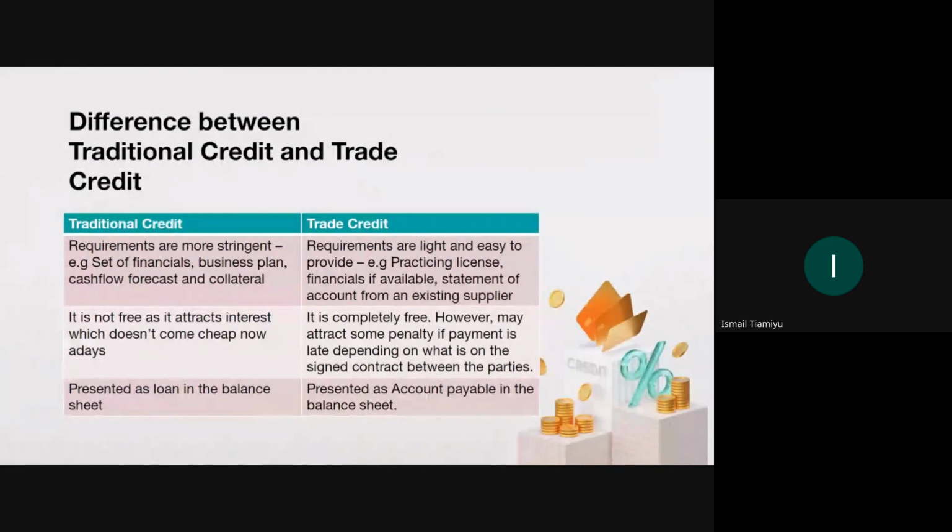That one you show under long-term liability, or a short-term loan, for example, a loan that you collect for 3 months, or a bank overdraft that the bank might want you to always turn to credit every 60 or 90 days. That is shown as current liability. For trade credit, it is always shown as account payable, and that is also a current liability.